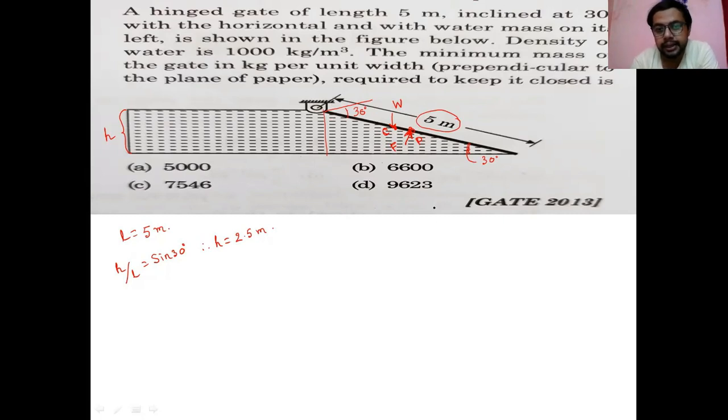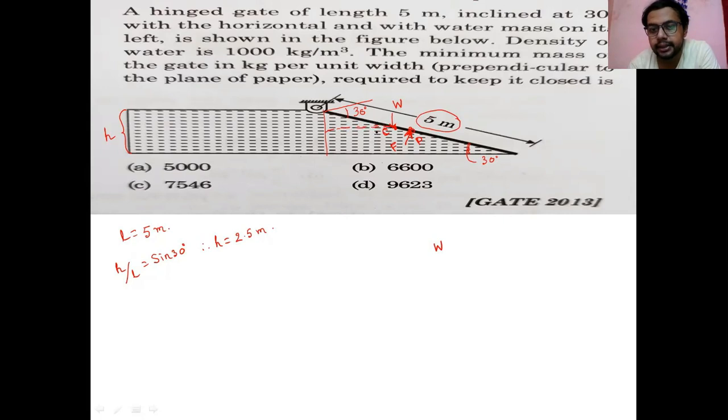So the ultimate condition is that whatever moment is created by W, so W into the distance. What is the distance from the hinge? This is the distance.